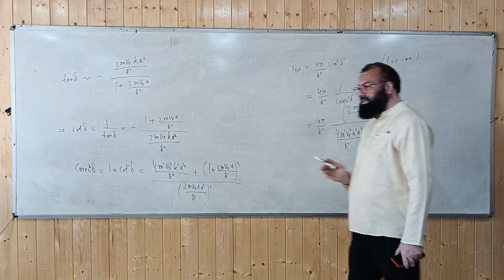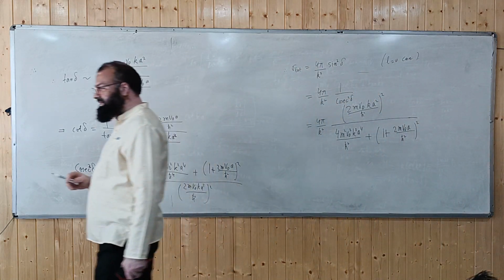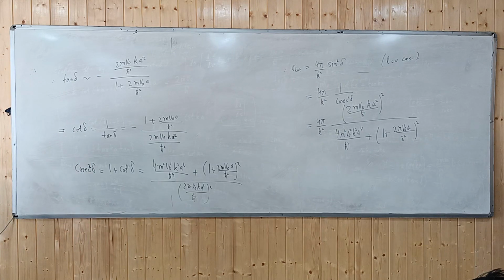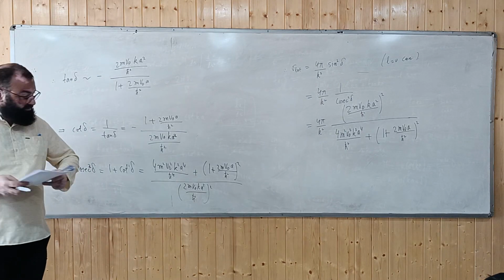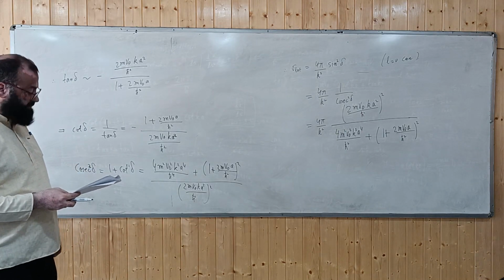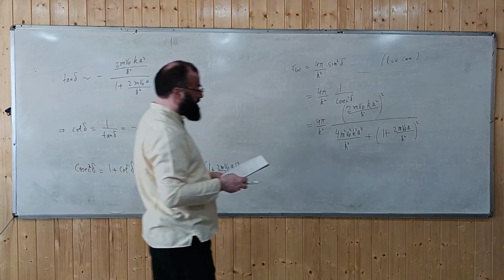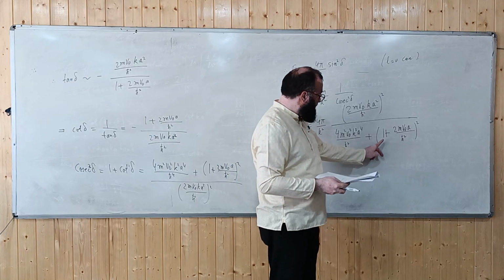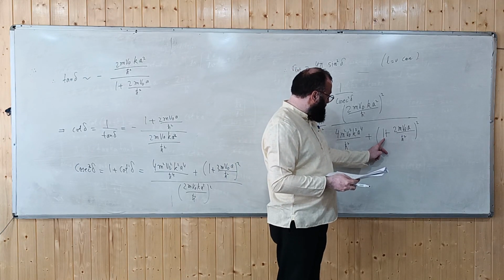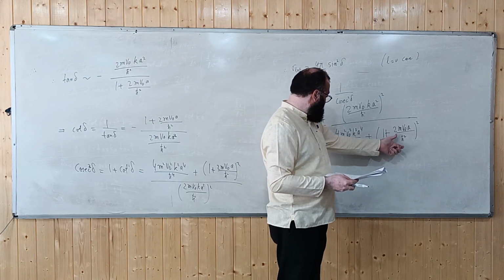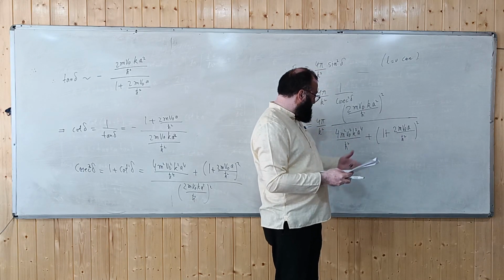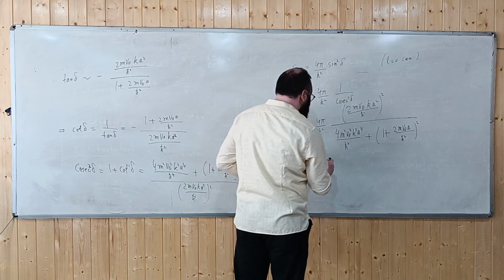Okay, so now since k square a square is less than 1, got it? So you can expand this square. Let's look at this thing. You can expand this. So it's 1 square plus square of this thing plus 4 times. So ultimately, let's write it.